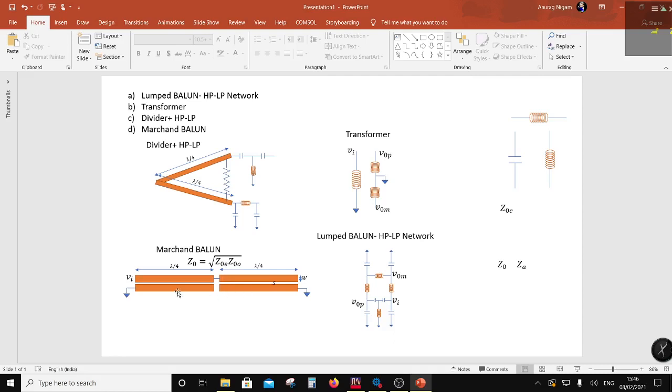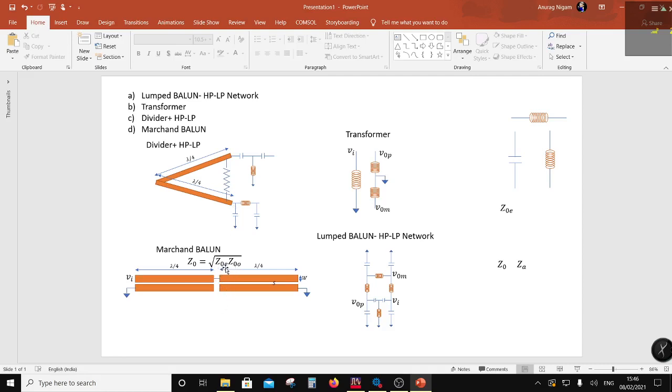So what is the even mode impedance? It is just two capacitors to ground, right? And then the odd mode impedance is that capacitor to ground plus the coupled capacitor, twice of that. So that's the odd mode impedance.